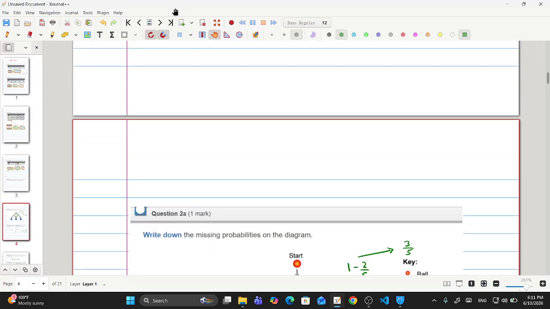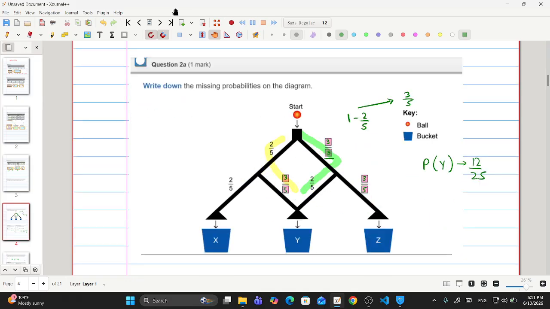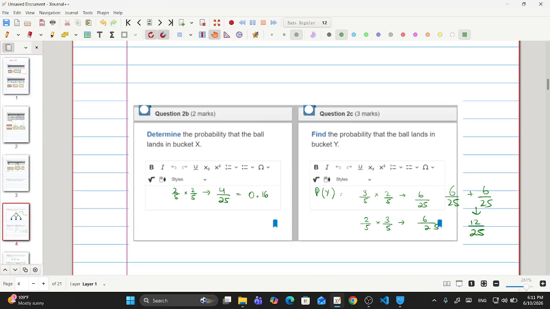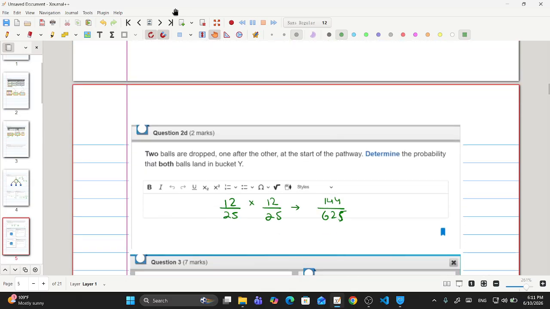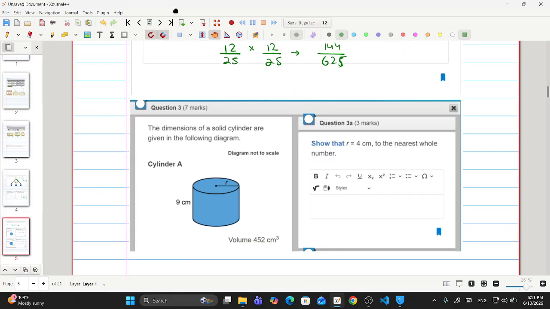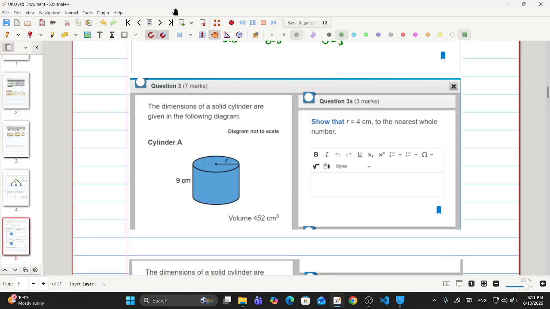So this should be a confirmed 16. Maximum, I think you can lose 1 or 2 marks, not more than that. Okay, so let's continue. The dimensions of a solid cylinder are given in the following diagram.